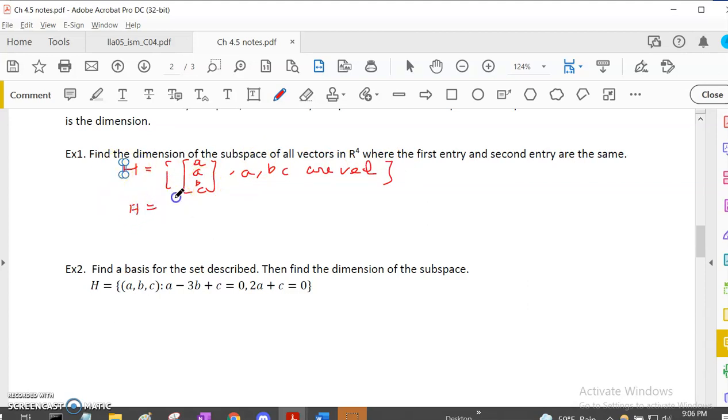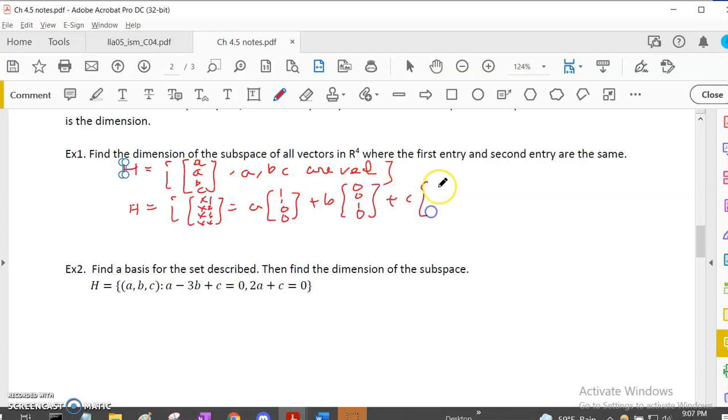I will write it just like what I wrote before, in terms of x1, x2, x3, x4, as a linear combination of vectors. Take a out, it'll be 1, 1, 0, 0, right? Take b out, the weights or real numbers that describe them, 0, 0, 1, 0.